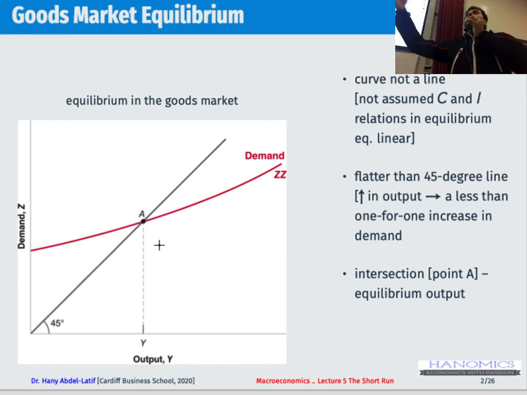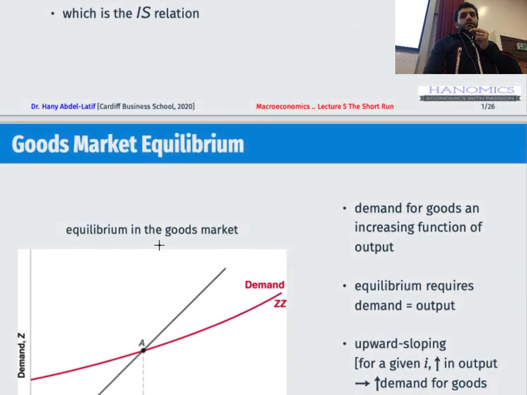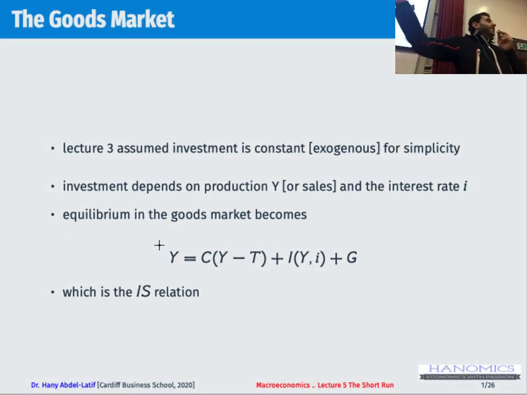Think of the components of aggregate demand: consumption, investment, government spending. We're treating government spending as exogenous. So where does the interest rate appear in this equation? It affects investment. So the interest rate will affect aggregate demand through its effect on investment.